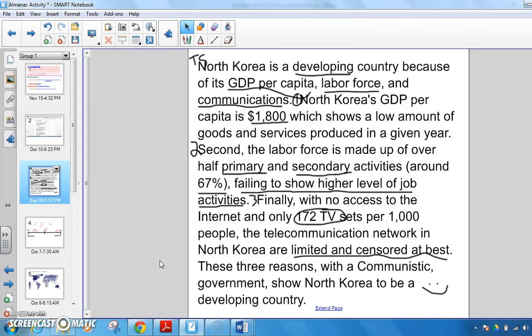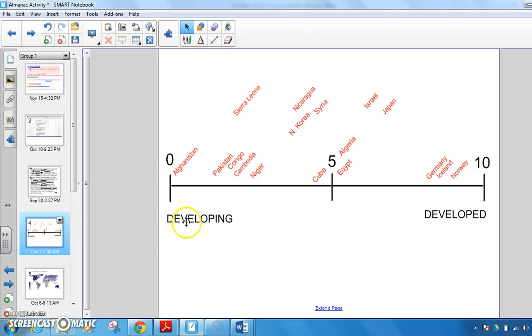Alright, you're back with me. Let me make some connections for you of what you've been doing the last couple of blocks in class. As you've looked at the Almanac entries, I want you to think of the almanacs on a developing to developed spectrum that's here, with a 0 being the poorest of the poor countries to developed on a 10 being the richest of the rich.